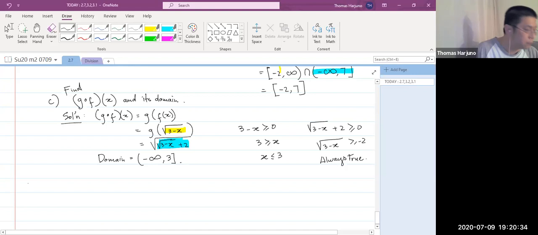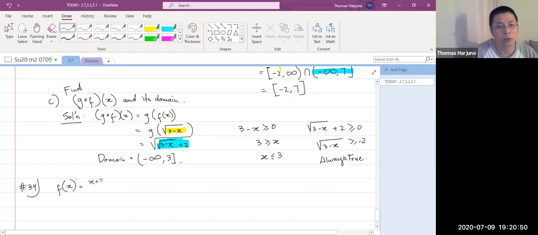The last example for this section, the one that I do quite commonly in my tests, is when both functions are rational functions. So f(x), let's say, is x plus 2 over x minus 1.